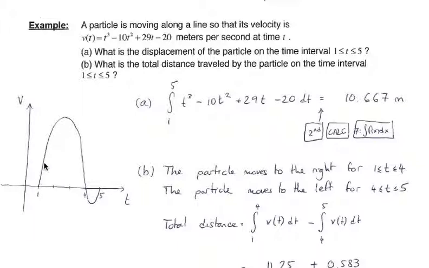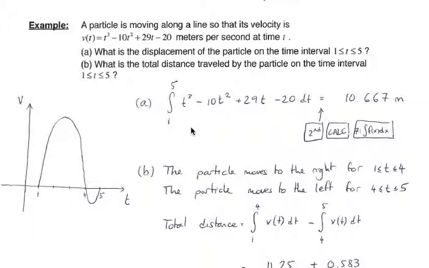It starts to go to the right, it goes really fast towards the right, and then it continues to go towards the right, but slower and slower, until it stops. And then for a brief amount of time between t equals 4 and t equals 5, it's actually coming back to the left. And at t equals 5, it's stopped again.